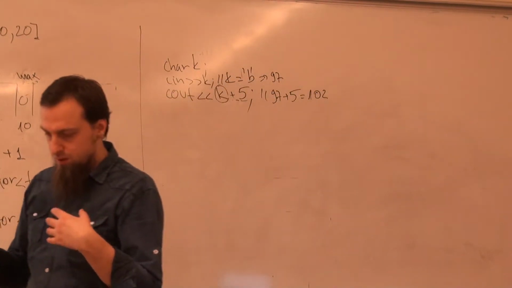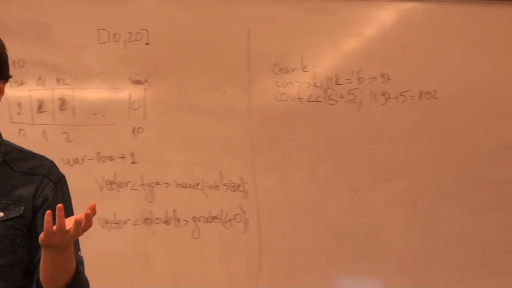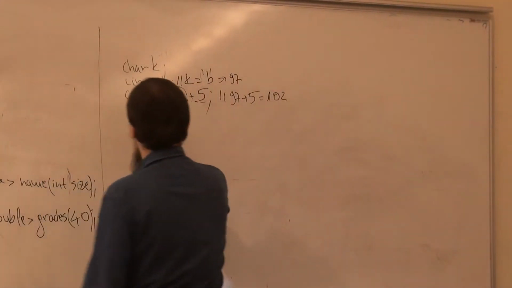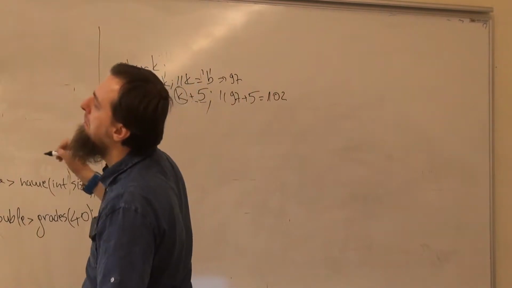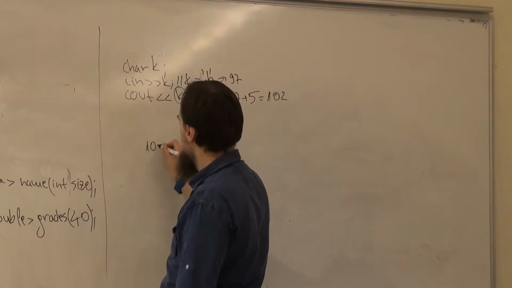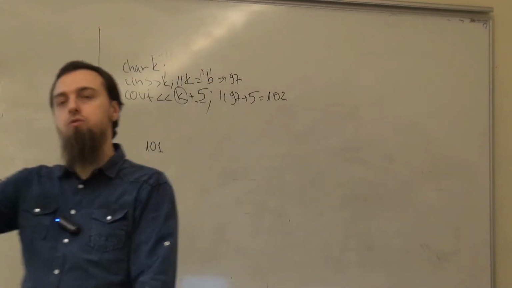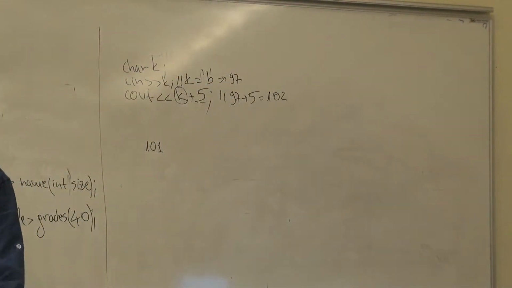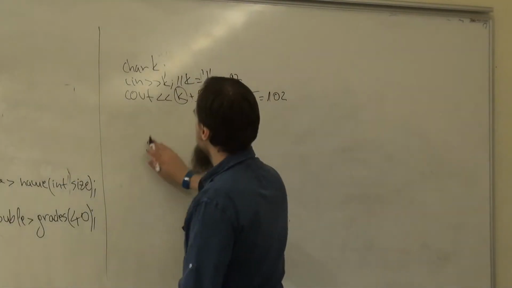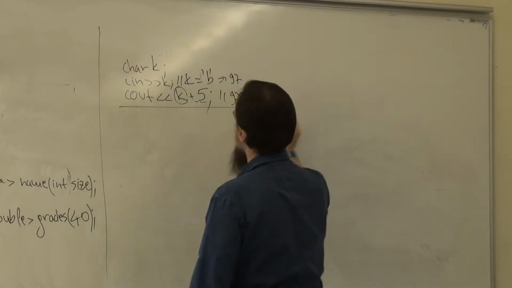Nice. What if I say something like this? I come up with an integer number. Let's say 101. And I want to find the corresponding ASCII character. Can we do it? One of the ways to do this is the following.